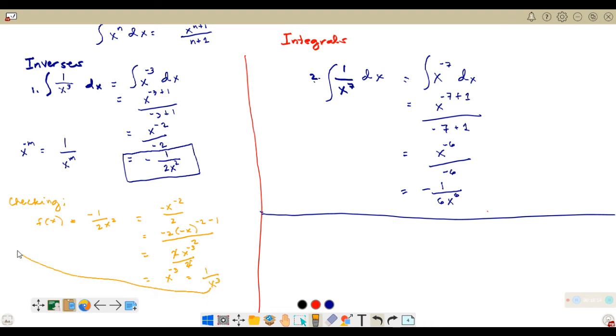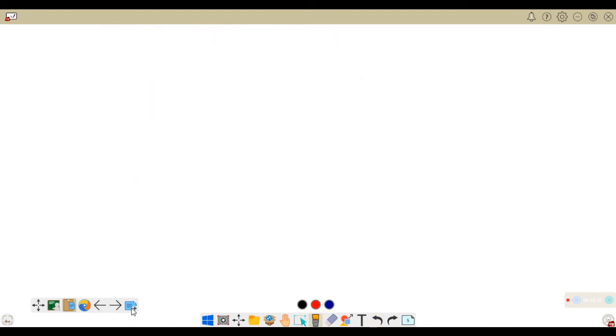Balik lang tayo dun sa original natin na function. Therefore, our answer here is correct. Okay? Let's have one final example. And for this example, we're going to mix up the properties that we have discussed earlier. Pagsamahin natin yung constant at saka yung reciprocals or inverses.